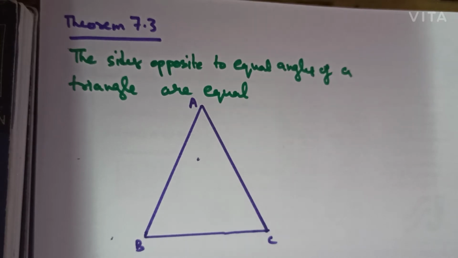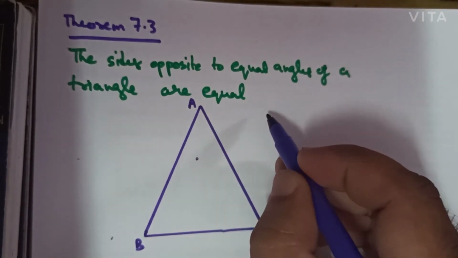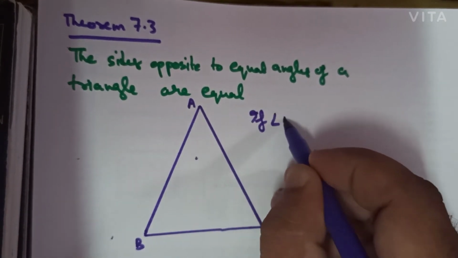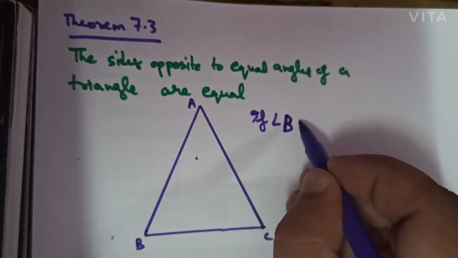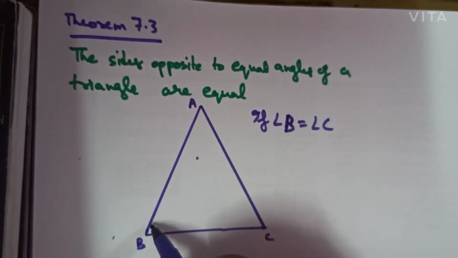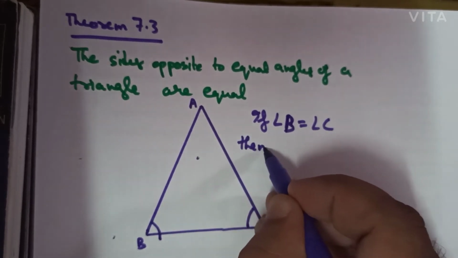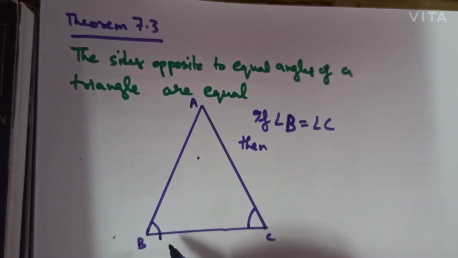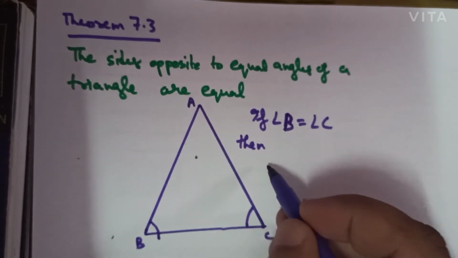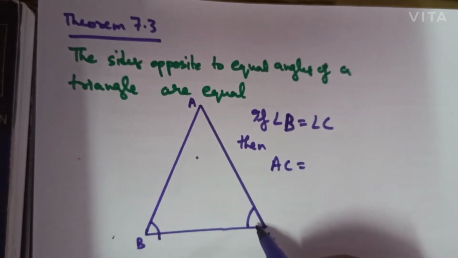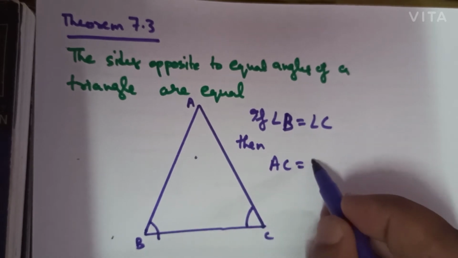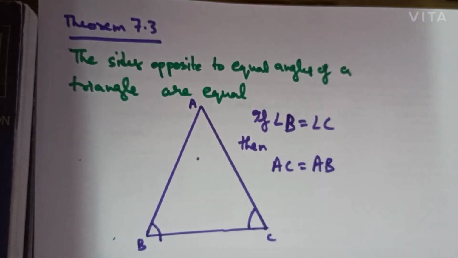For example, if we have a triangle ABC, and angle B is given equal to angle C, then by theorem 7.3, the sides opposite to equal angles are equal. Then the side opposite to angle B, that is AC, will be equal to the side opposite to angle C, that is AB. This is the theorem.